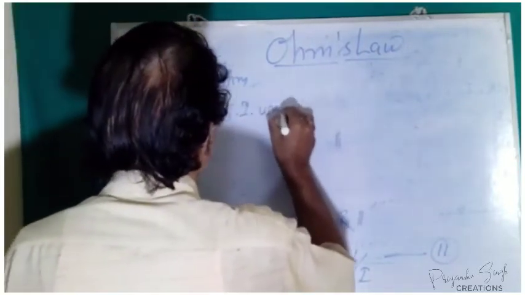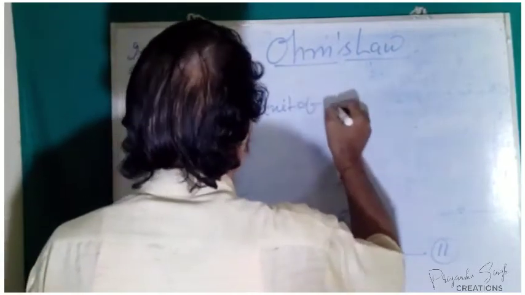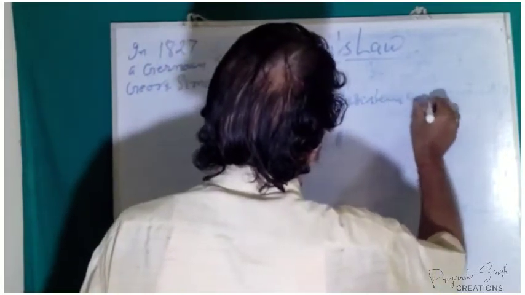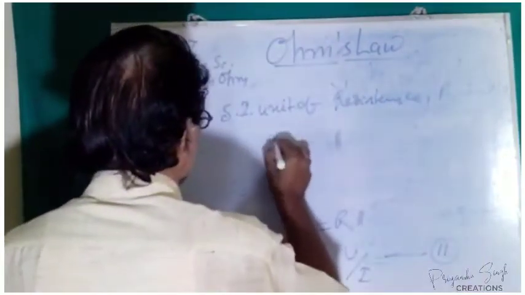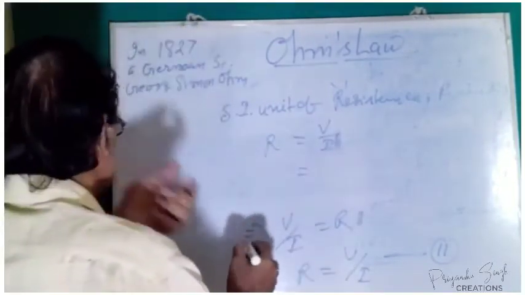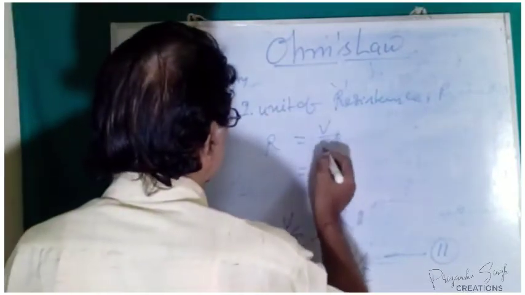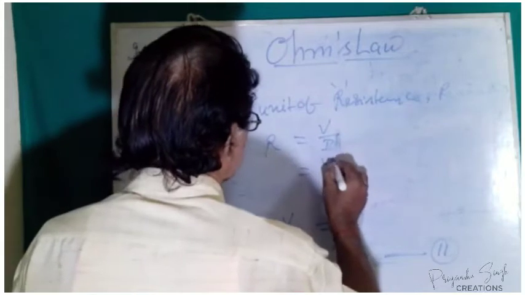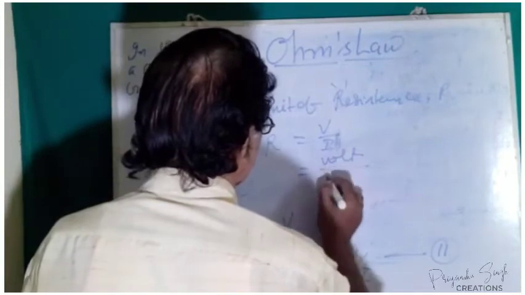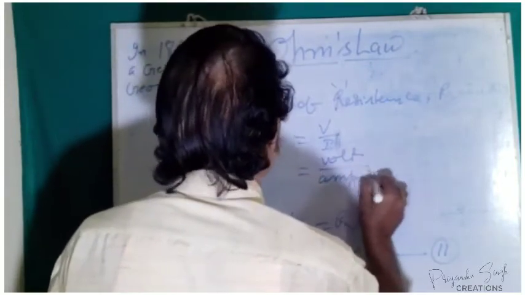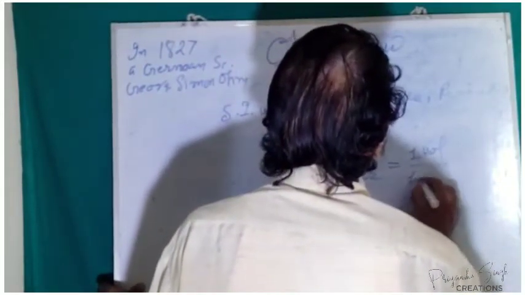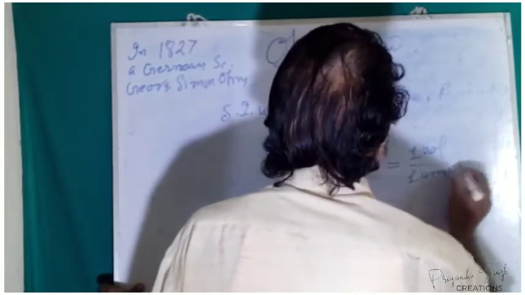SI unit of R, resistance R. See here, R equal to V by I. You know that SI unit of potential difference is volt and current strength is ampere, that is 1 volt by 1 ampere, or volt per ampere.